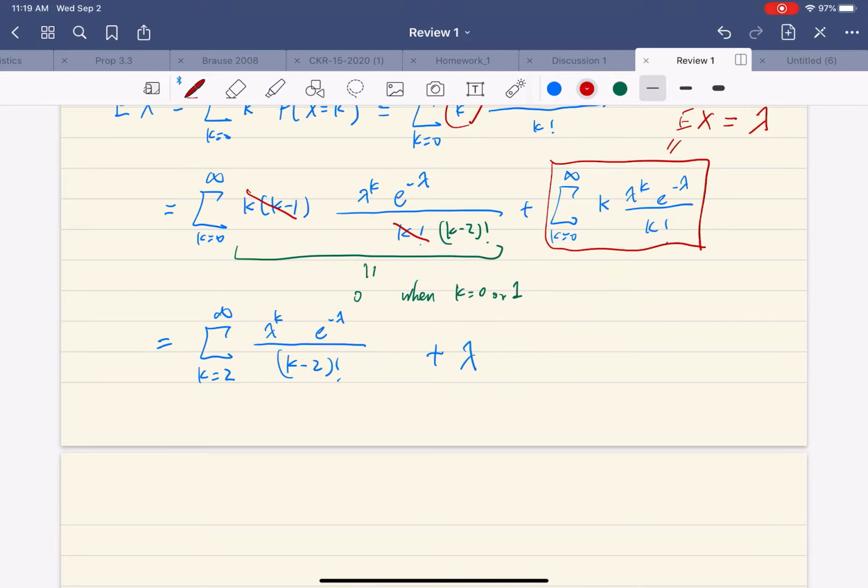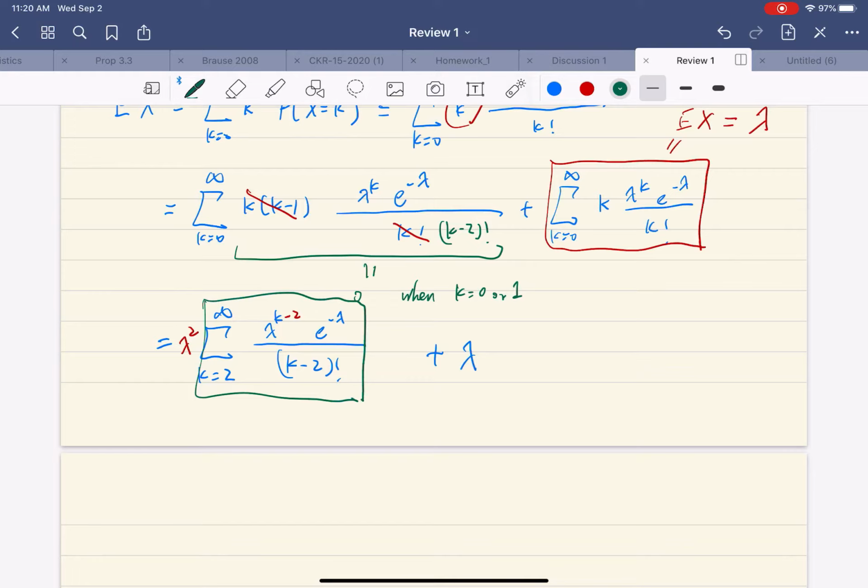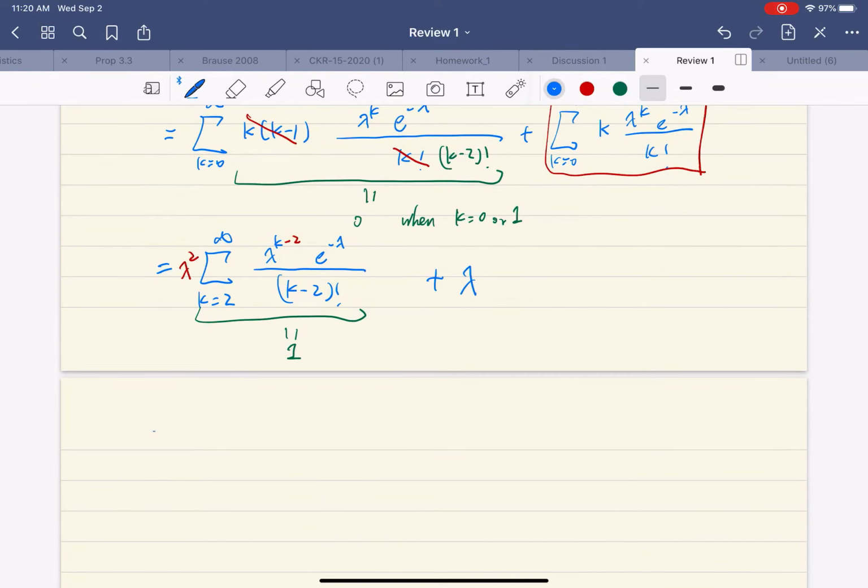So we use the same technique, shifting by k minus 2, with lambda to the power 2 outside. And this is the sum of the PMF, which is 1. So this term is equal to 1. So we can get the second moment equal to lambda squared plus lambda.